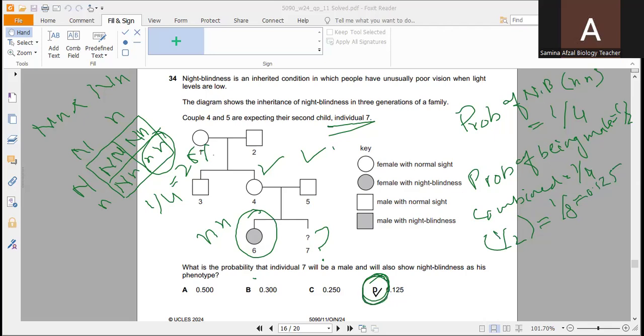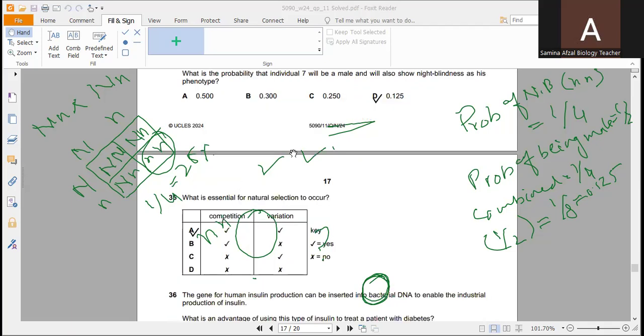According to this calculation, this is the correct option. In other words, if you are unable to calculate, according to this Punnett square test you will go with the least probability, which is 0.125.